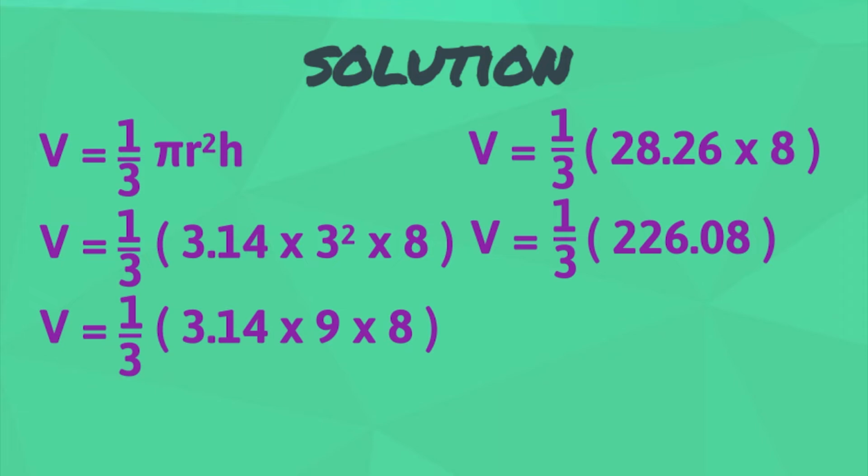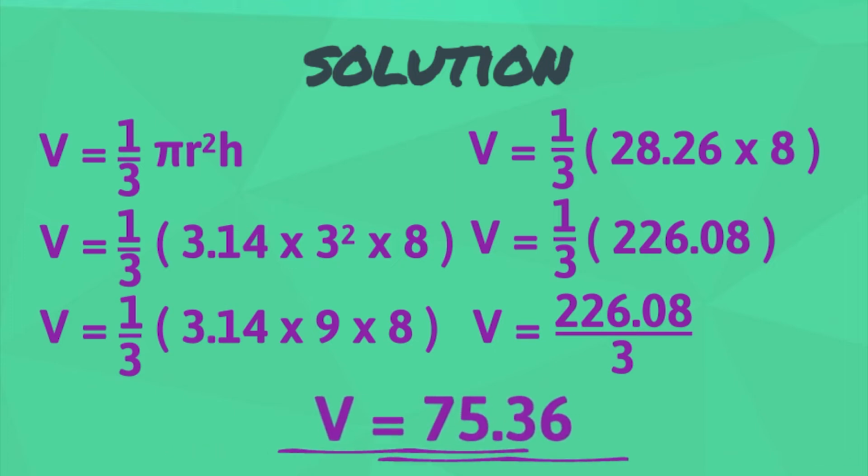Then we can multiply 226.08 to 1/3. We multiply 226.08 to 1 first. Then we rewrite it as 226.08 over 3. 226.08 divided by 3 is equals to 75.36.